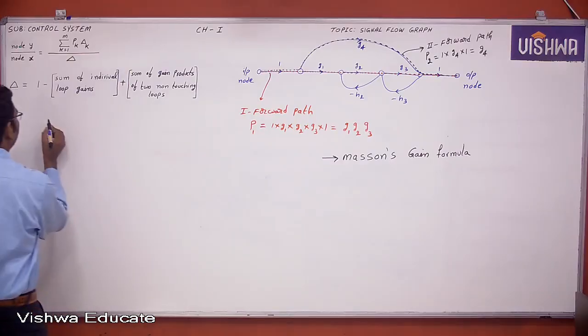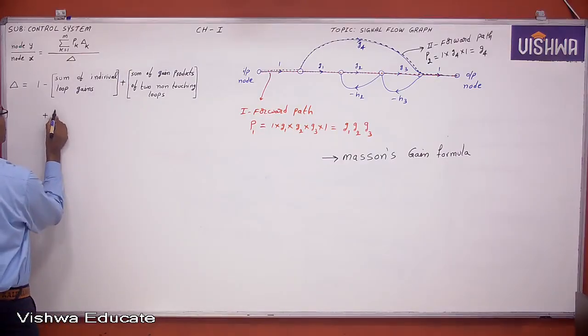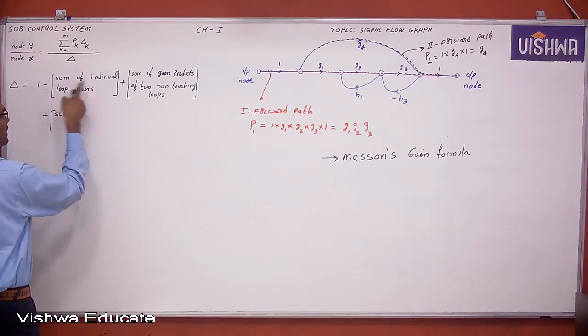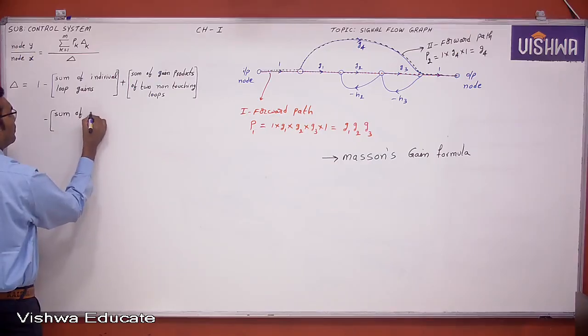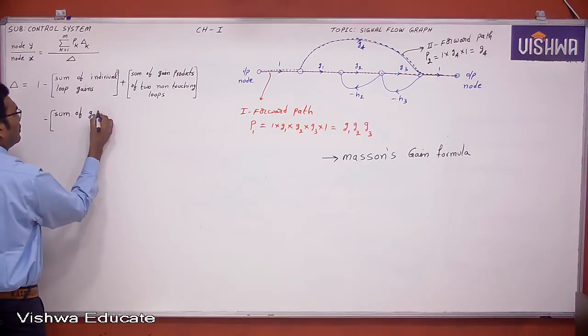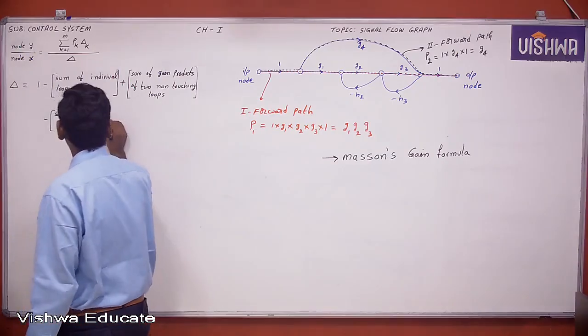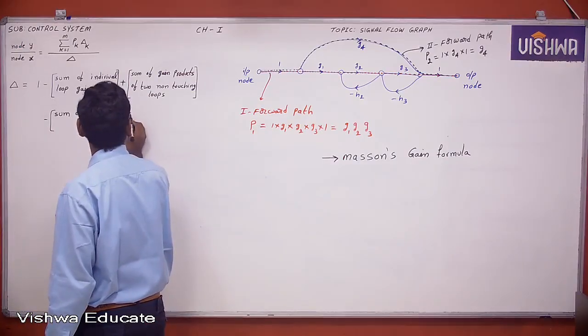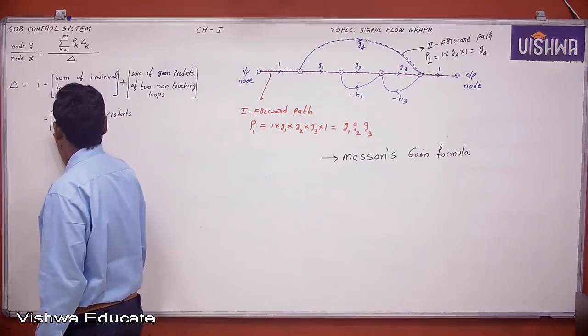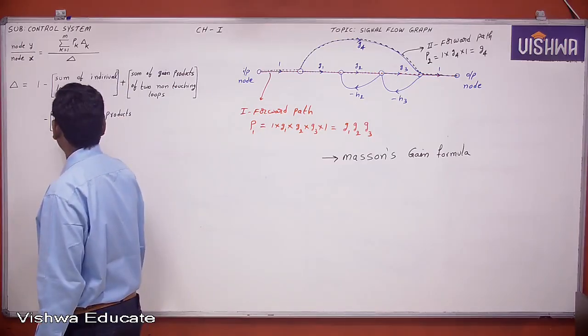Next, minus sum of gain products of three non-touching loops, alternating minus and plus.